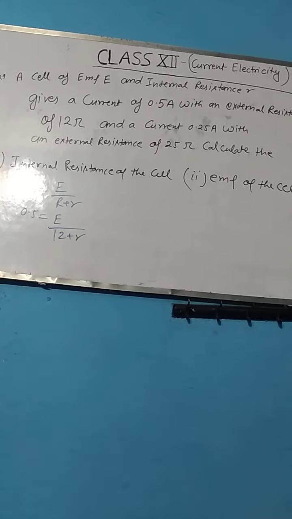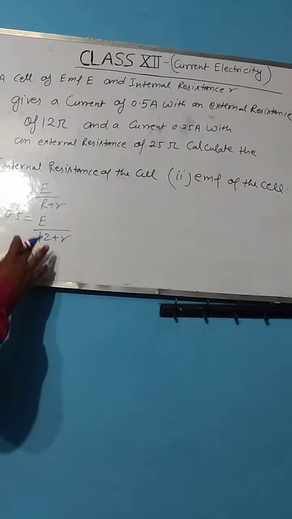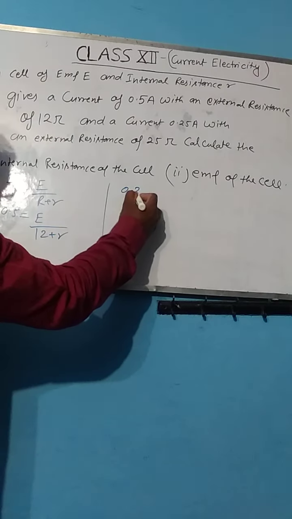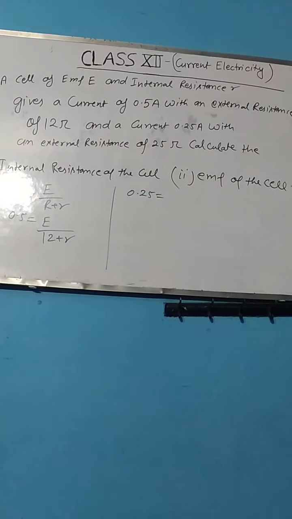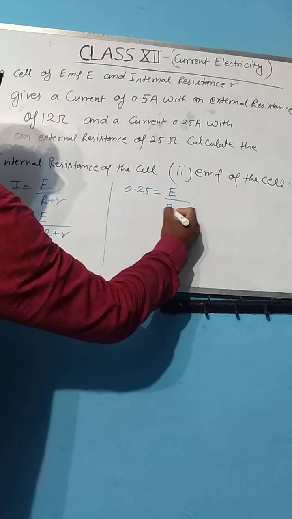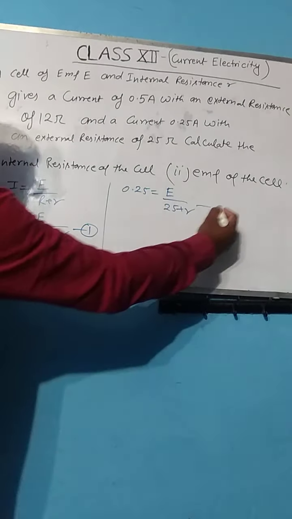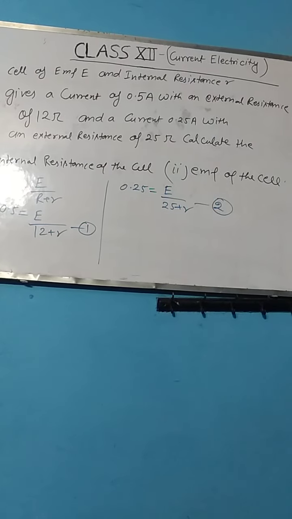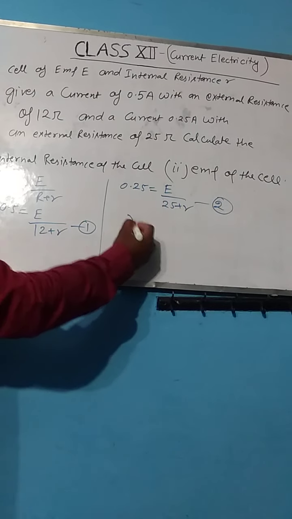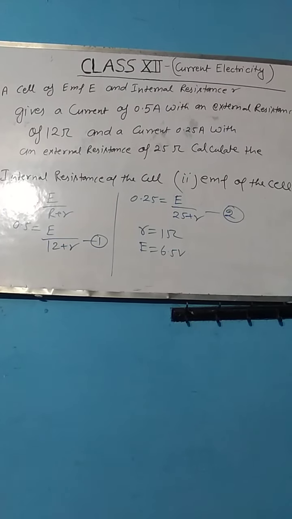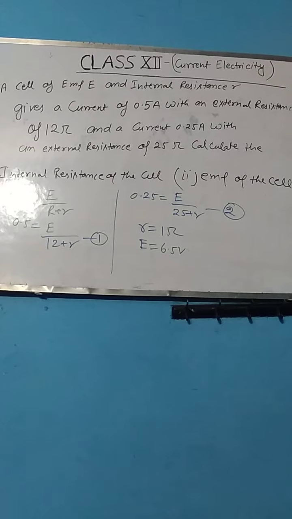Both we have to solve, equations 1 and 2. After solving, r will become 1 ohm and E value will be 6.5. Okay. So after solving equations 1 and 2, we get r equal to 1 ohm and E equal to 6.5 volt. Okay, thank you.